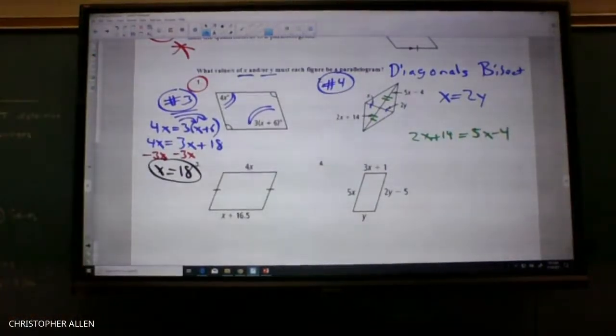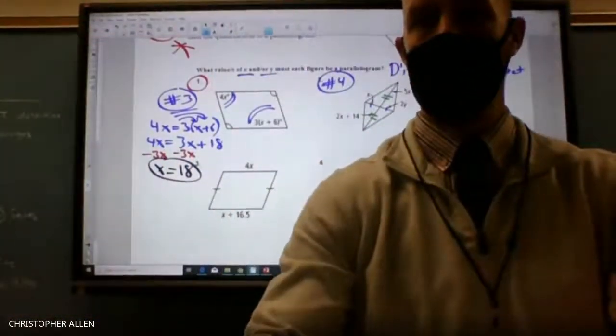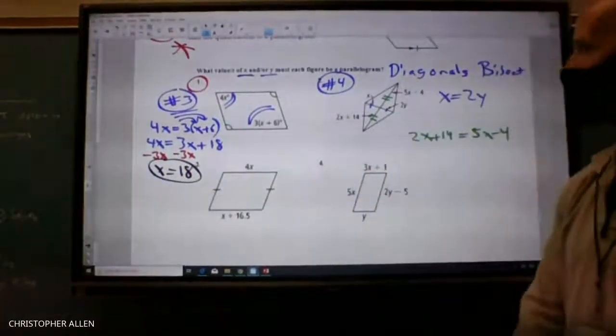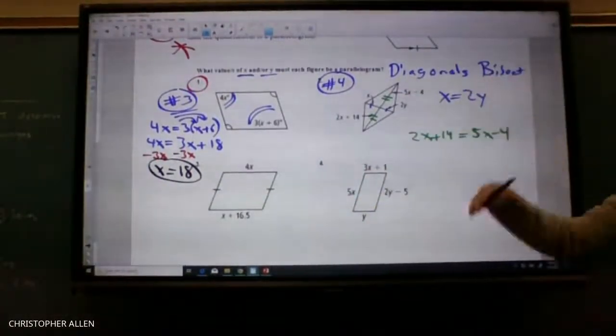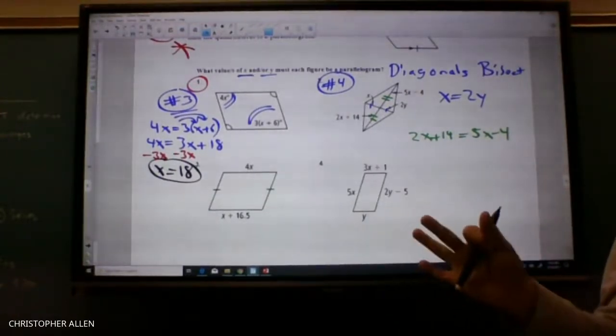Which of those equations do you think we need to solve first? What do you think, Tomas? Do I need to solve equation 1 first or equation 2? Which one would you do first? Exactly. Why would you do number 2 first, Tomas? You're absolutely right.